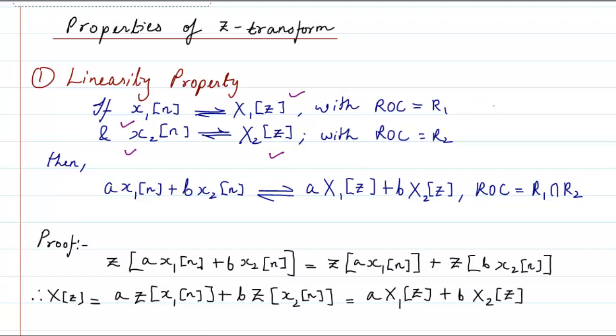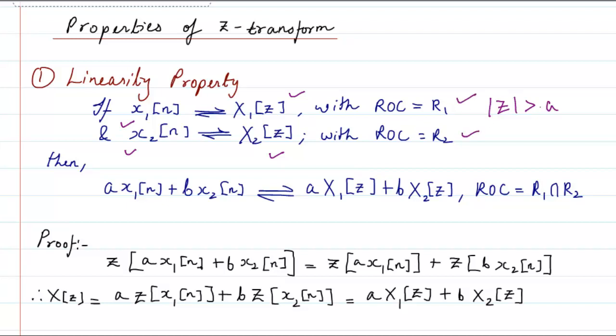When I have written R1, what you have to see is that it might be something like magnitude of z is greater than or less than some value a. That is what the ROC generally is. So that ROC region is being represented as some region R1 and some region R2.